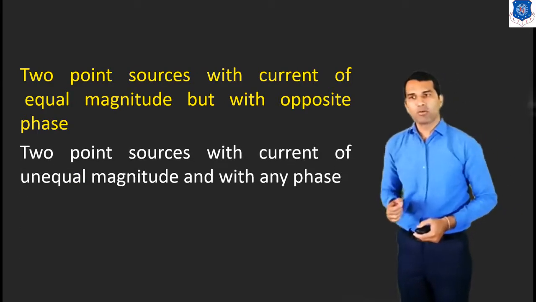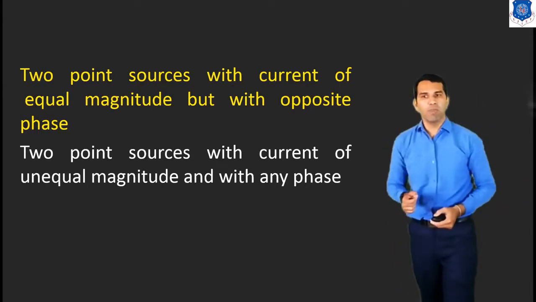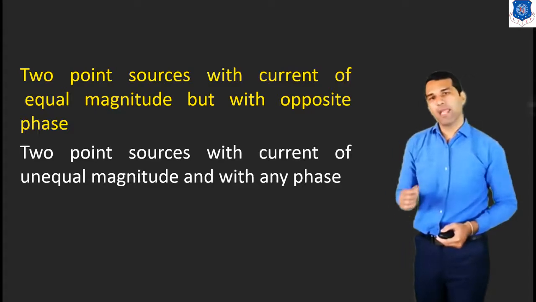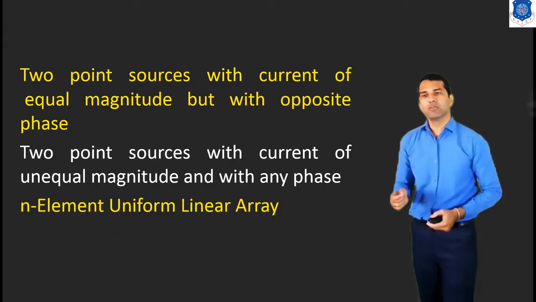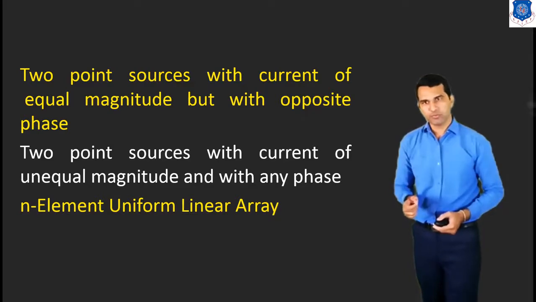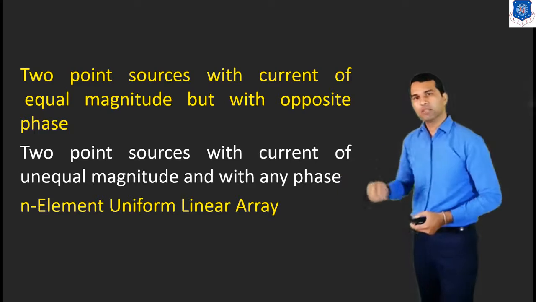Second, we discuss the 2-point source with current of unequal magnitude and with any phase. And last, we discuss the n-element uniform linear array. So in this lecture, we discuss these three topics.